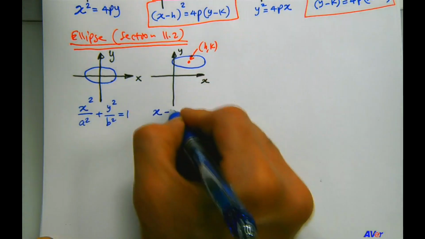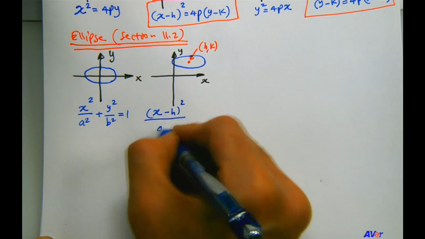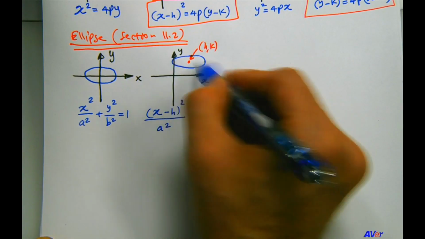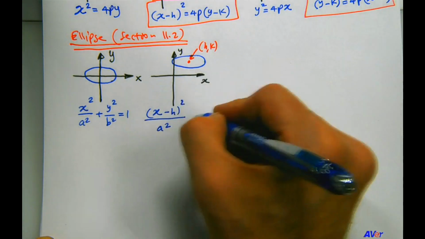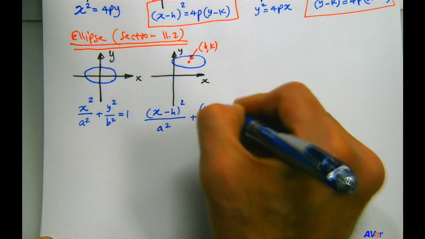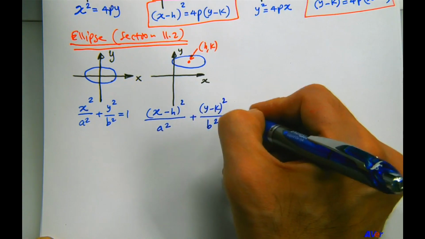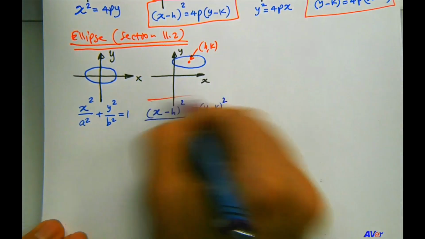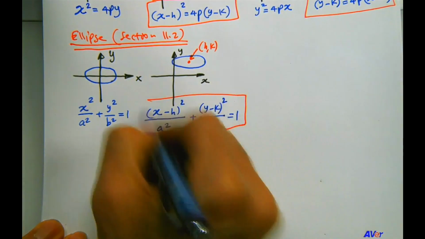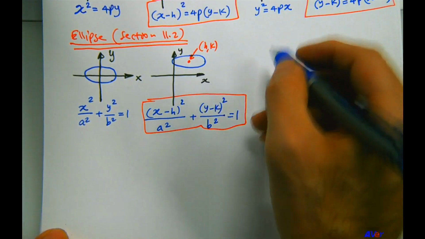So x minus h squared divided by a squared, because the major axis is still along the x-axis, right? Plus y minus k squared divided by b squared, and then equals 1. So that's that.